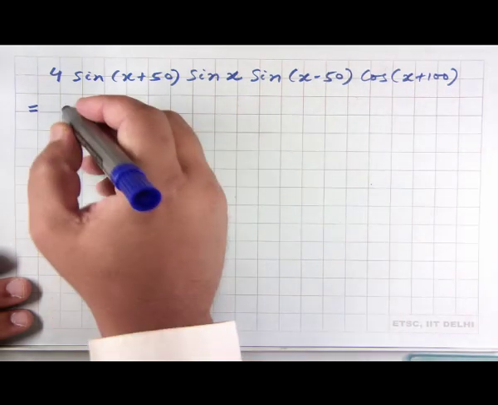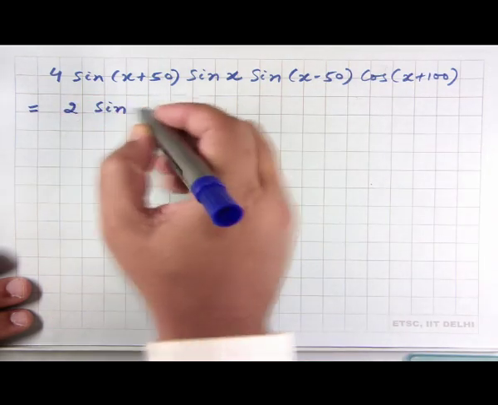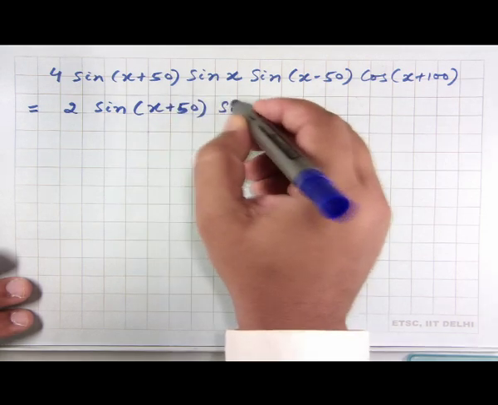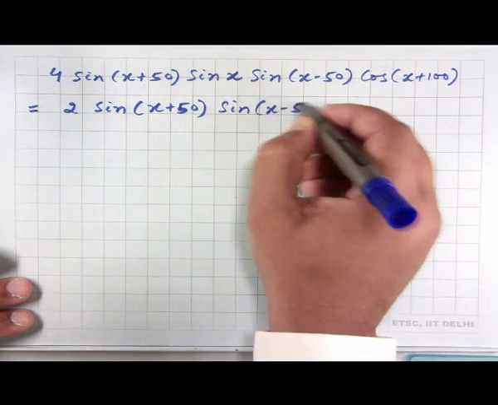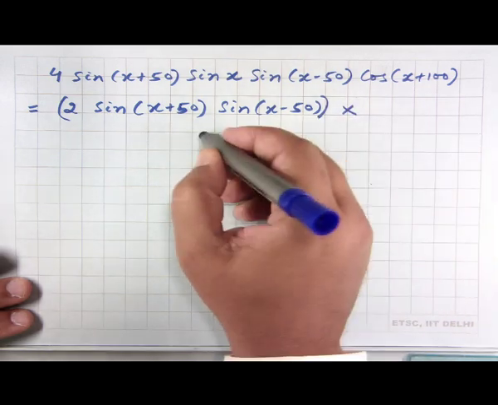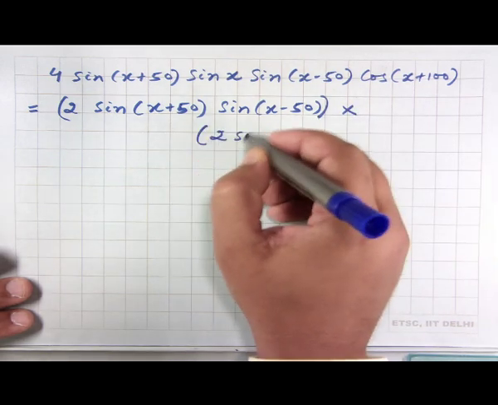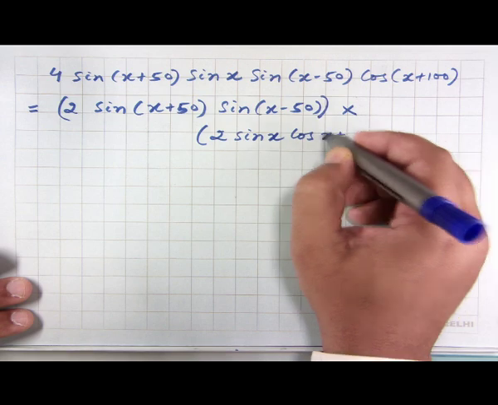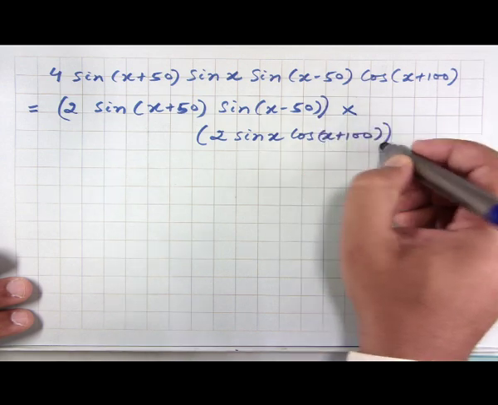So it becomes 2 sin x plus 50 into sin x minus 50 times 2 sin x cos x plus 100.